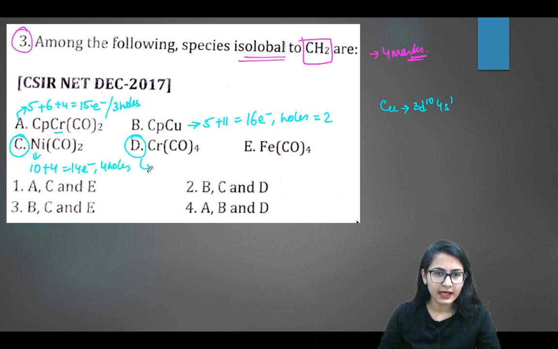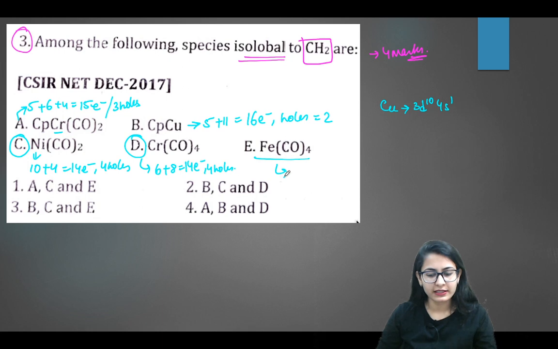D has 6 plus, yes, 6 plus 4 into 2, 8 electrons. So this is going to be once again a 14 electron system. Alright, and yes, further you have 4 holes for this also. Okay, and then lastly you have iron.